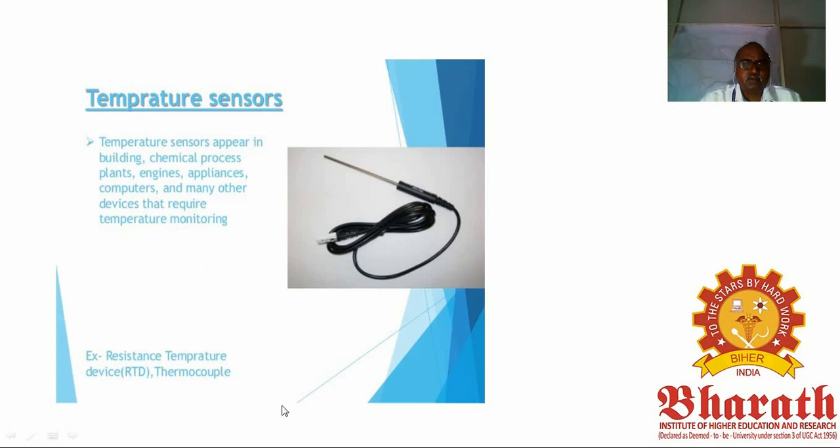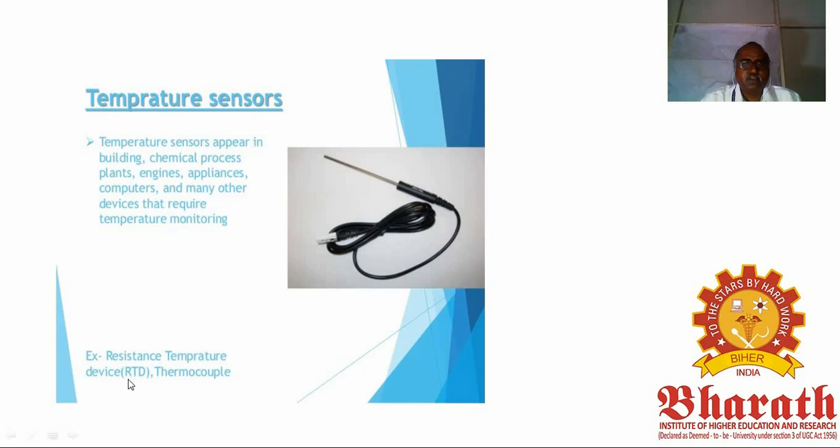Hence, the widely used temperature sensors have to be studied, and one example given here is the RTD, a resistance temperature device. It has a specific metal or sometimes even semiconductors are used.